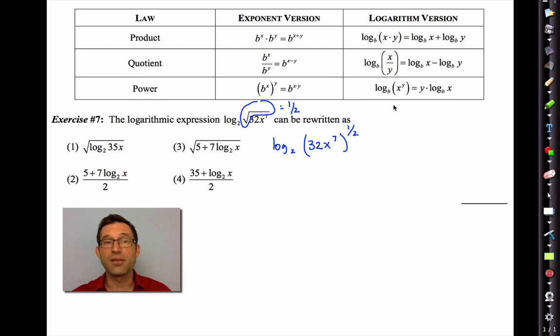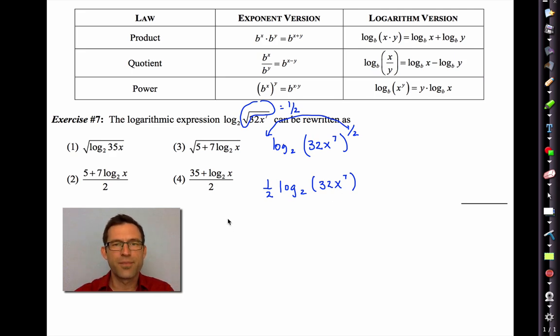Now, that means I can use that final logarithm law. I can bring the 1/2 out: 1/2 log base 2 of 32 x to the 7th. All right, well, that's good. I want to be careful about that 1/2. Maybe keep it in parentheses.